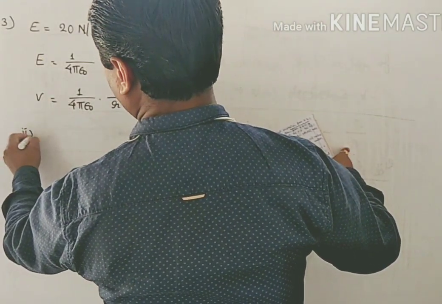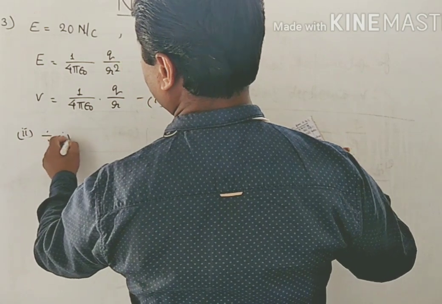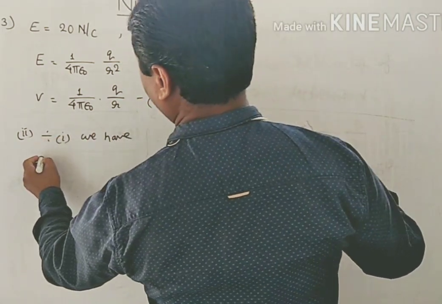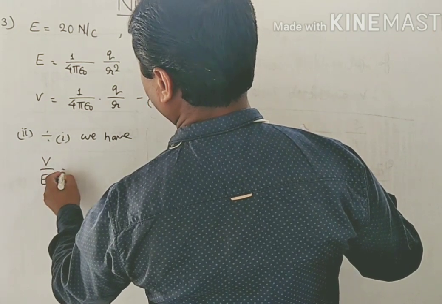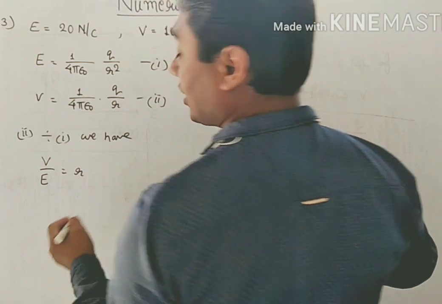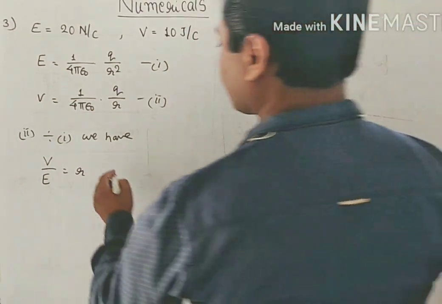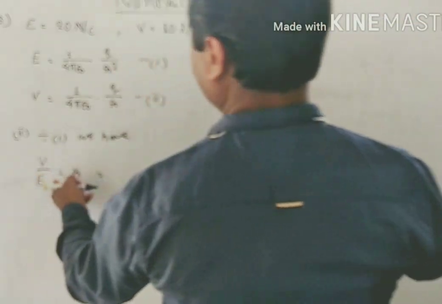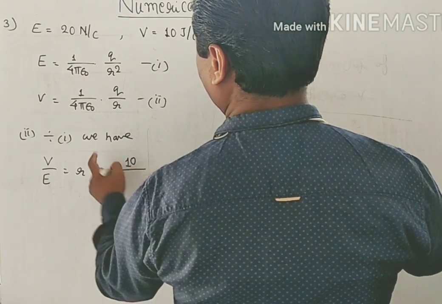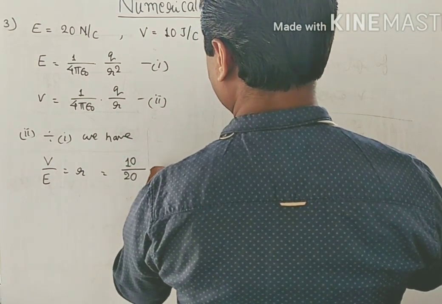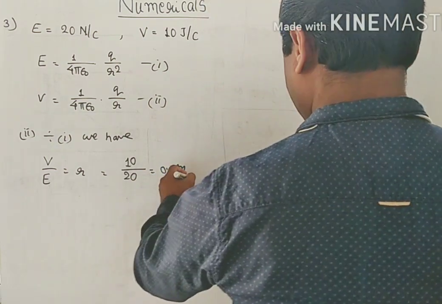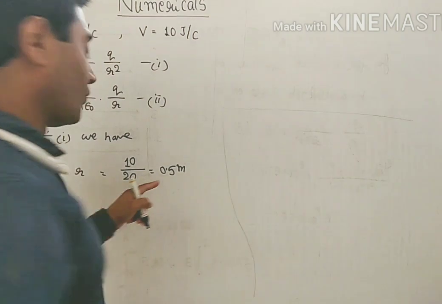So dividing second by first, we have V upon E, this will get cancelled, Q will get cancelled, and we have simply R with us. So directly we can have values here, it's 10 upon 20. So this will give you 0.5 meter as your answer.